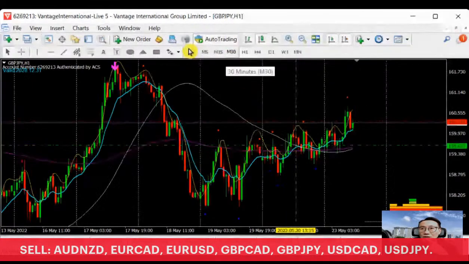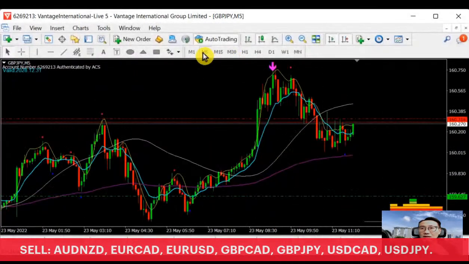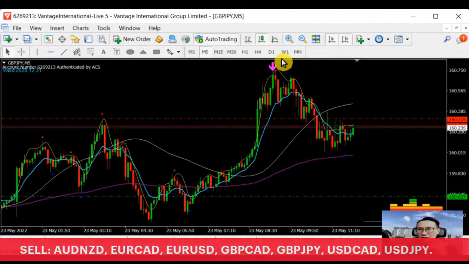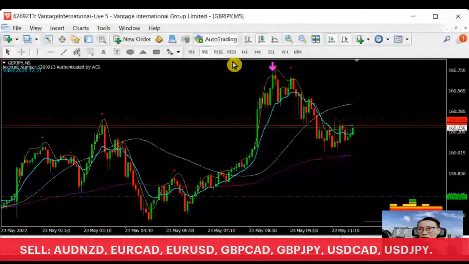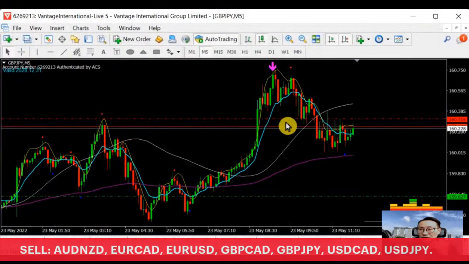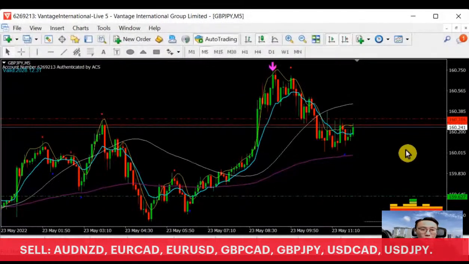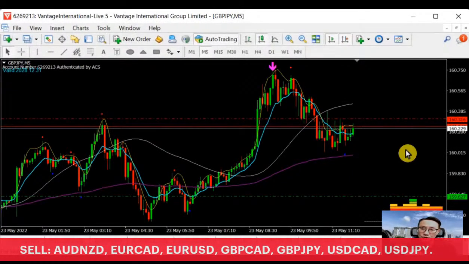Right now, by going down to the M5 lower time frame, you can see more clearly what's happening within that hour. As we can see over here as a whole today, lower resistance, lower resistance, lower resistance. So lower resistance has been set up, which means we are expecting to see a lower low.